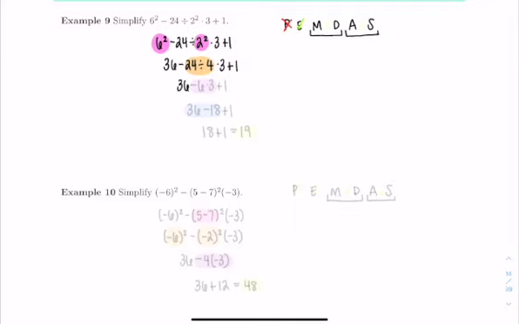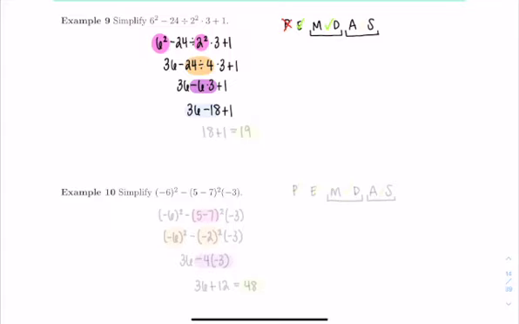So we have 36, minus 24 divided by 4 is 6, times 3 plus 1. And we want to make sure that we get the 6 times 3. So 6 times 3 is 18 plus 1. And that takes care of all the multiplication and division.